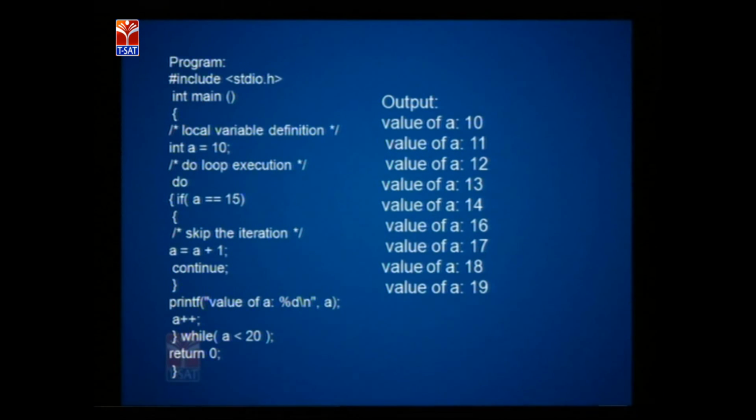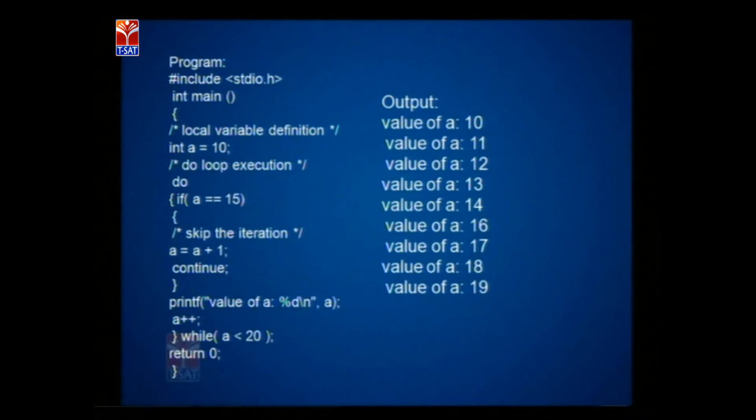So let us place the value of a in the condition. If a is 10, then 10 is less than 20, which means it is satisfied, and so it will give the output value of a as 10, and it similarly continues till 14. Since a is equal to 15 has to be skipped, a is 15 will be skipped.